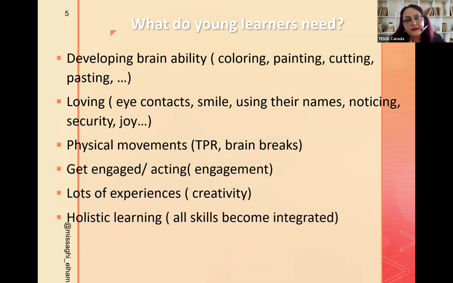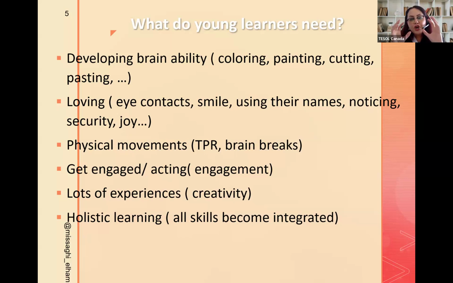Holistic learning. So that was a good example. I told you, put the sponge in the water. What happened? When you put a sponge in water, it absorbs water, right? That's how they learn. That's why we say they learn holistically. It's difficult to teach them only reading, only writing, or listening, or speaking.